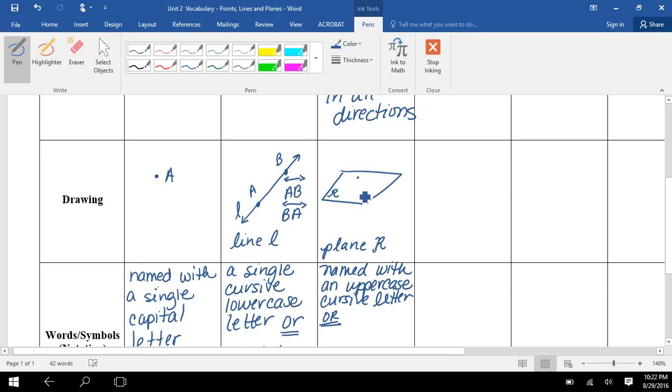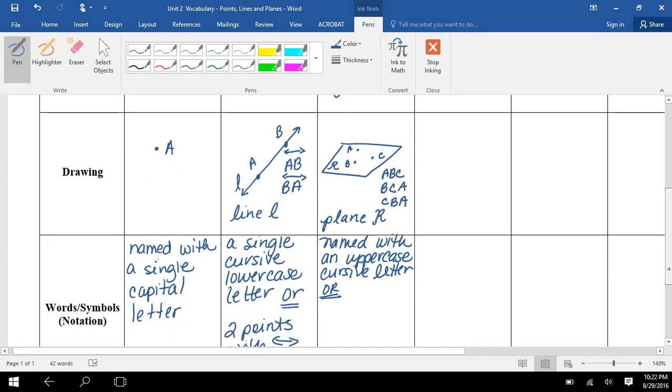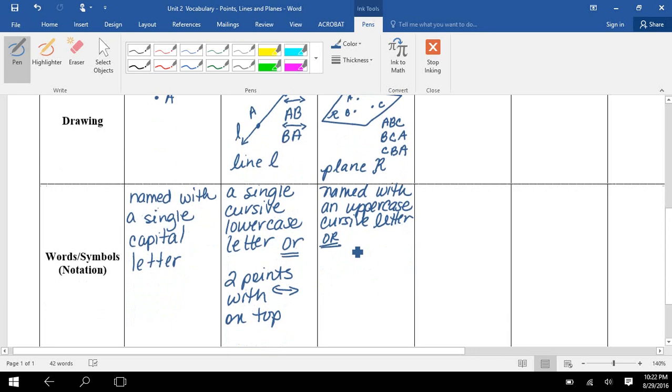Or you can name it with 3 points in any order. So you could call it plane ABC. You could call it BCA. You could call it CBA. You have a lot of different possibilities, and they're all actually naming the same plane.